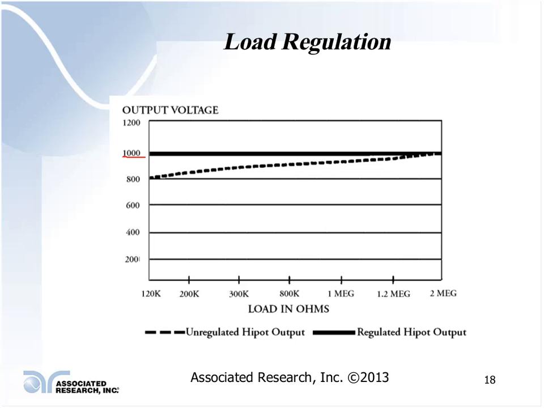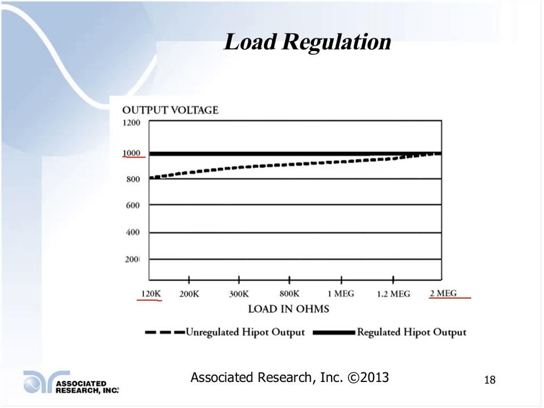And they specified using a variable load ranging from, on a low end, 120 k ohm, on a high end, I think it was 2.148 megohms. And it had like 10 different values of resistors that you could use in this load box for testing the regulation of your Hipot tester.